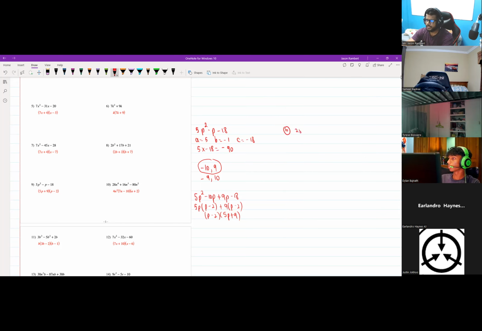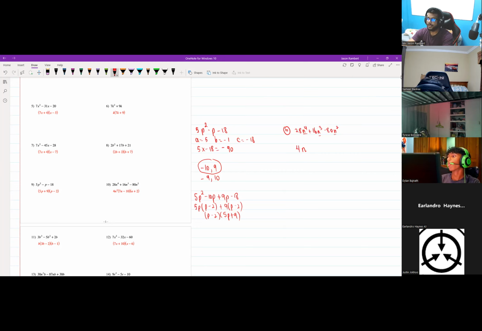So for number 10, we had 28n to the power 4 plus 16n cubed minus 80n squared. I realize n is common in each of the terms, so I put the n on the outside. I also realize 4 is common in each of the terms.